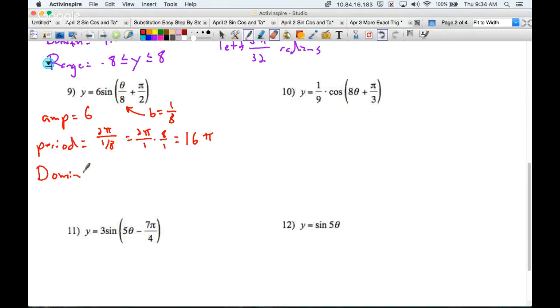Domain, all real numbers. The range is -6 to 6.